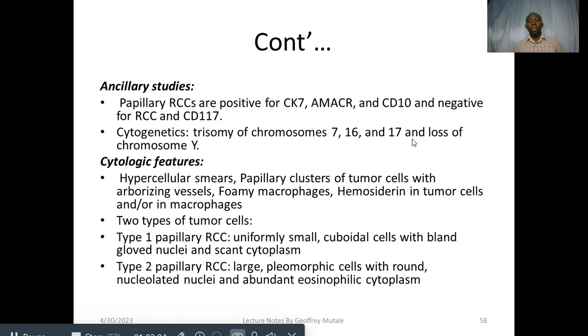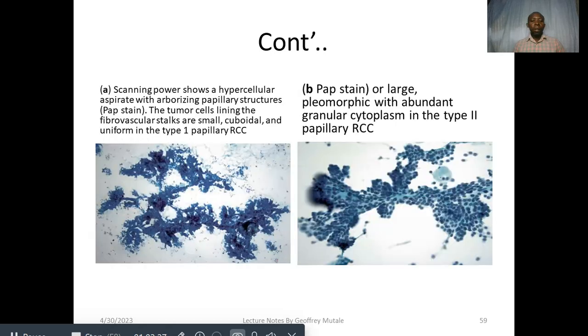We also appreciate the two types of tumors, type 1 papillary carcinoma with the uniformly small cuboidal cells with bland grooved nuclei and scanty cytoplasm, and then the type 2 where we appreciate the large pleomorphic cells with the round nucleolated nuclei and abundant eosinophilic cytoplasm.